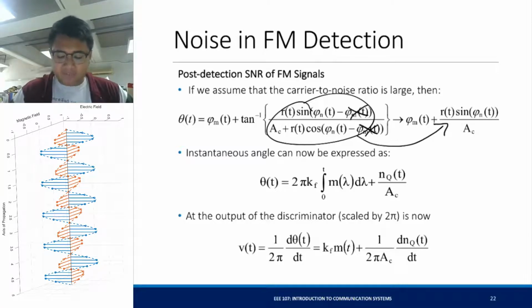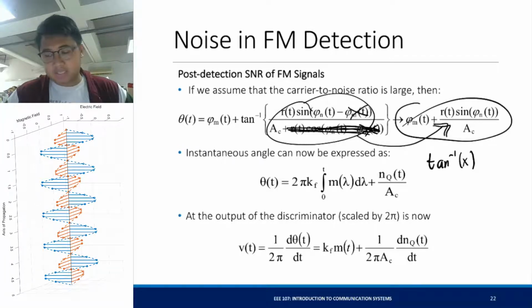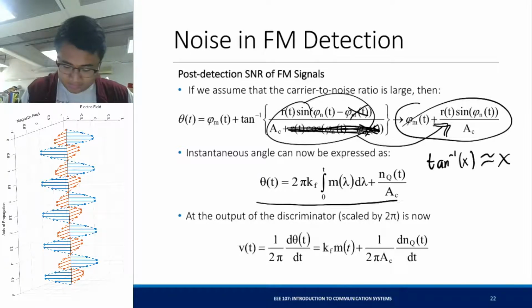If Ac is very large, this term disappears, and we'll be left with this term, right here. Just note that the tangent inverse of x is approximately x for very small values, and since Ac is very large, we can simplify that. So now the instantaneous angle can be expressed as this.